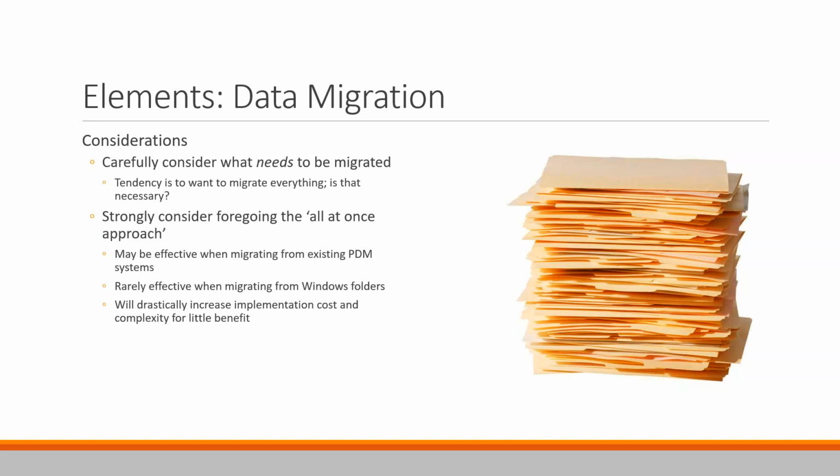But the all-at-once approach is almost never effective if you're coming from Windows folders. The data is generally too dirty. And if we have to have all of our data in, that could drastically increase the cost and complexity of the implementation. So we tend to actively discourage our customers from attempting that unless there's an absolute need for it.